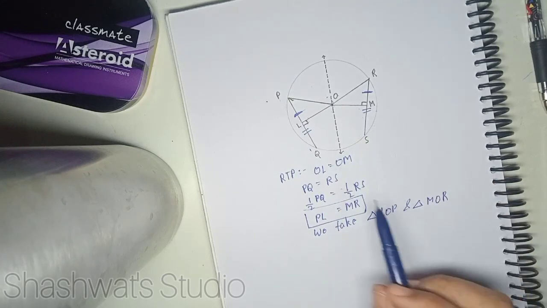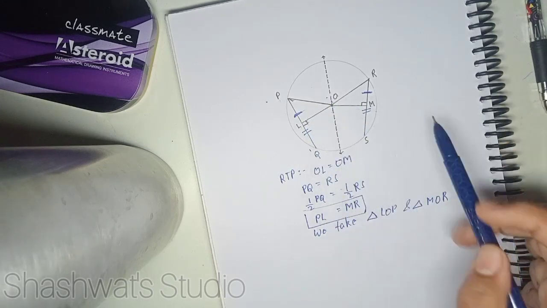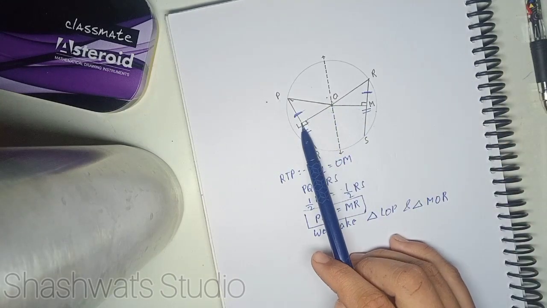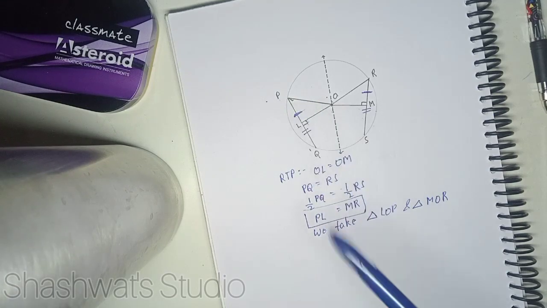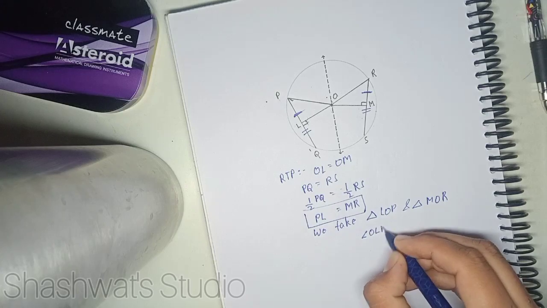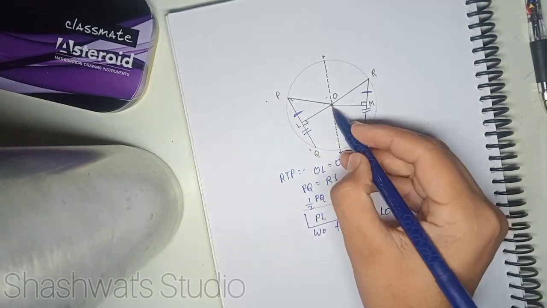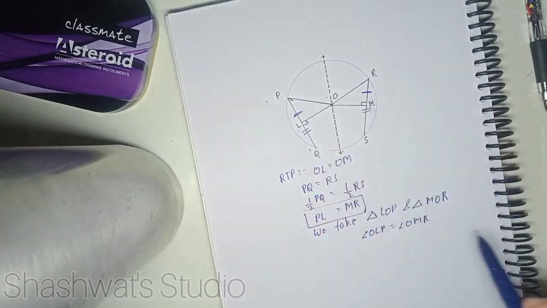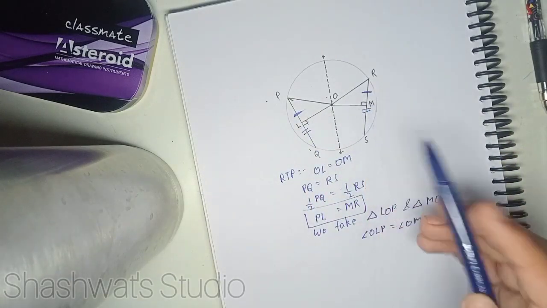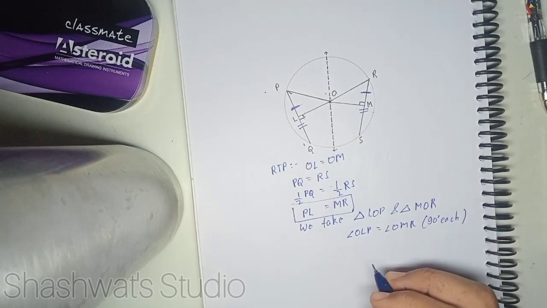First, what do we have? We can prove it by RHS, as we have one right angle, we have the hypotenuse, and we have one side. So angle OLP is equal to angle OMR, 90 degrees each. This is the reason.